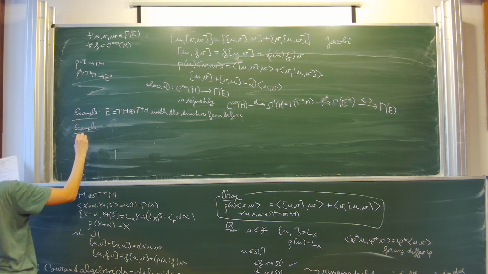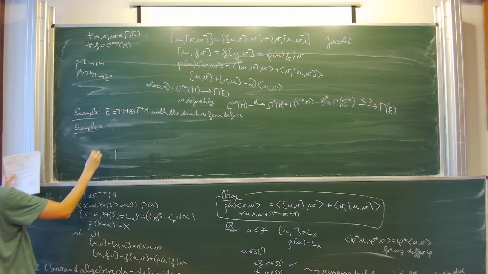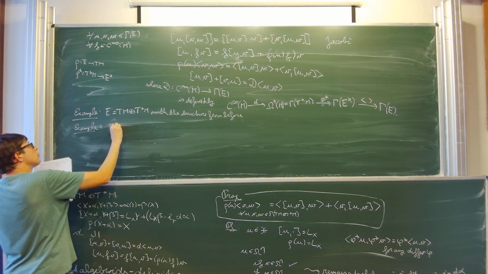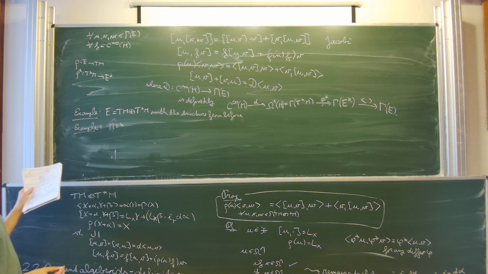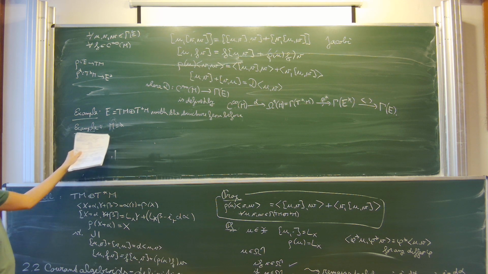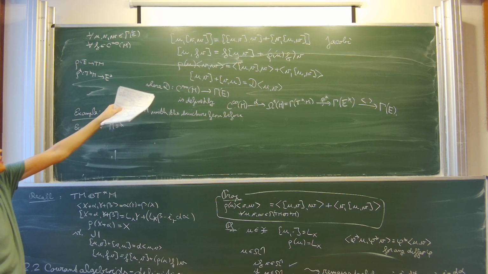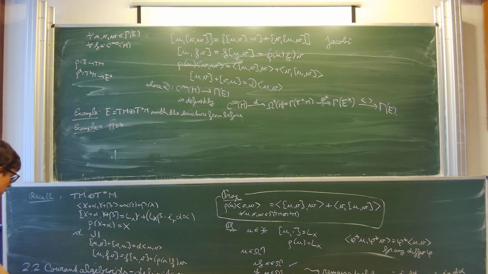One which is often overlooked, which is a pity, is the one where you take M to be a point. A point is a manifold, so what do these things reduce to?